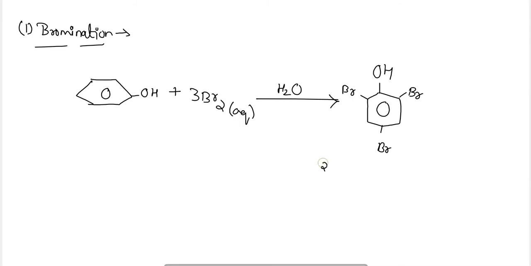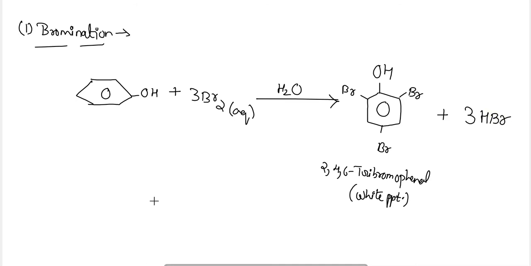It means 2,4,6-tribromophenol will be formed as a white precipitate, along with 3 HBr.